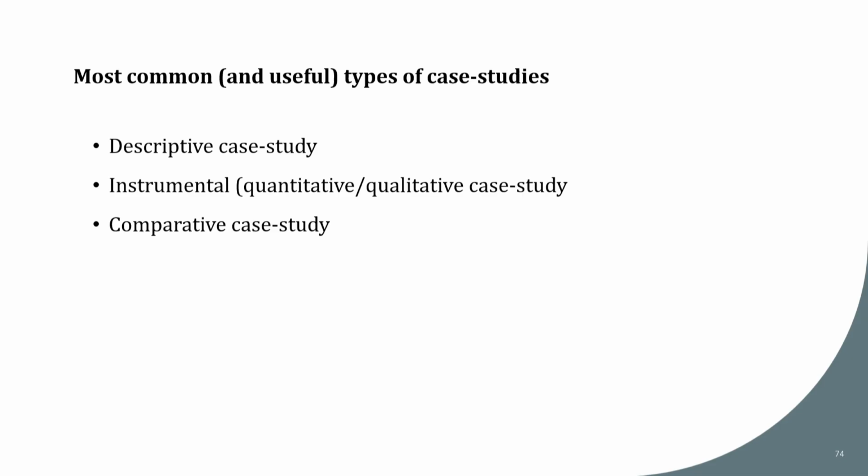The second one is called instrumental, that means using a case to shed light on a broader issue like Paytm for digital finance. And the third one is comparative, the comparative case study approach, that means examining multiple cases side by side, like Ola versus Uber in India. So, each type serves different purposes, from storytelling to theory building to pattern recognition.